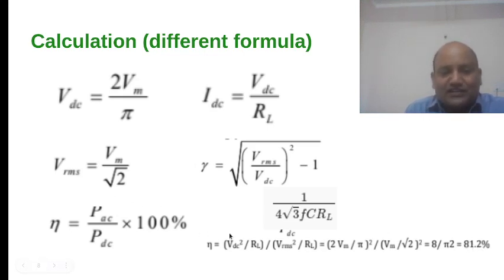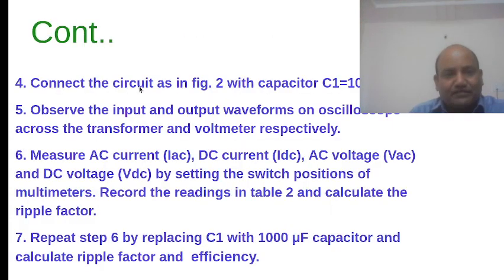If you measure the VAC, IAC, and IDC, VDC, then you will get some difference in efficiency, that is the drop in the load resistance, drop in the secondary of the transformer and the diode, all these things.